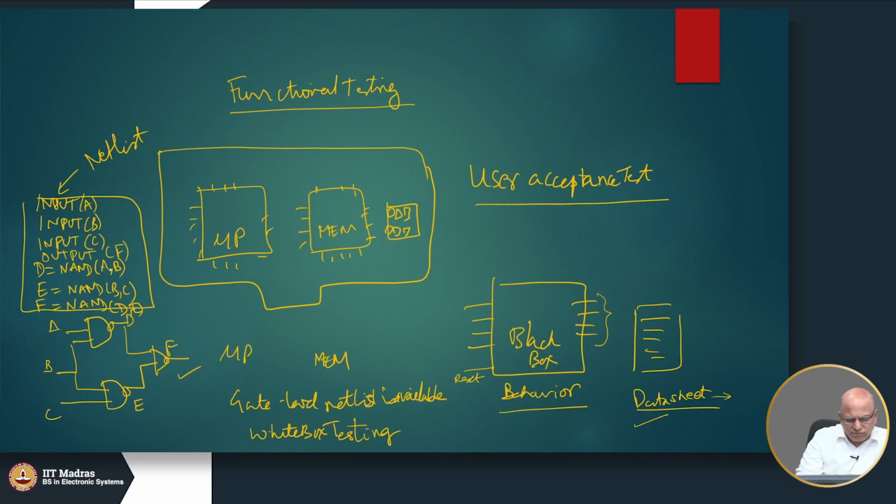Okay. In fact, this language that I have just described is used in what are called the ISCAS benchmarks. ISCAS is a conference, and many years ago people who attended this conference created a lot of benchmark circuits and made them available to everybody who was doing research in testing, and these are available.